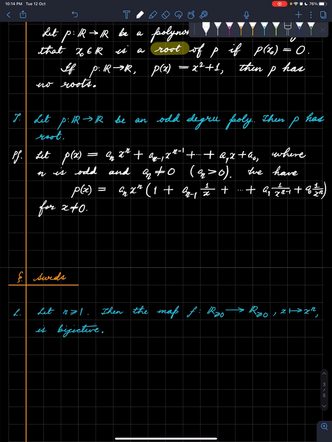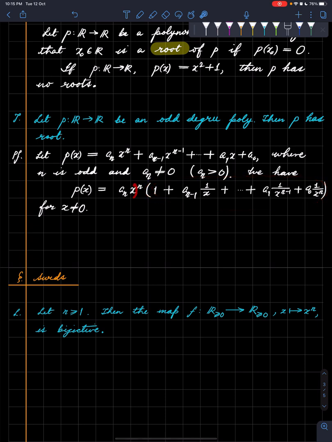Now the point is the following. So if x has huge magnitude, then this number is very, very small in magnitude, and hence this would surely be positive, right? So if you just take a very huge magnitude of x, this remains positive.